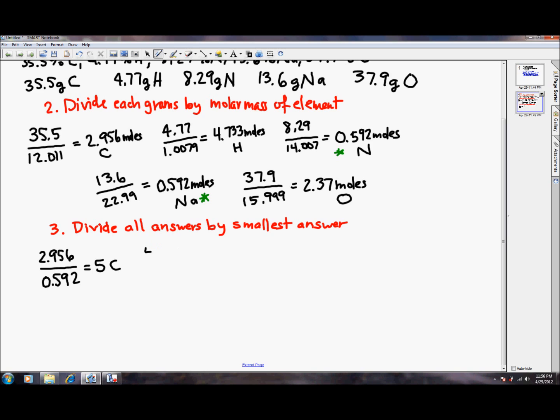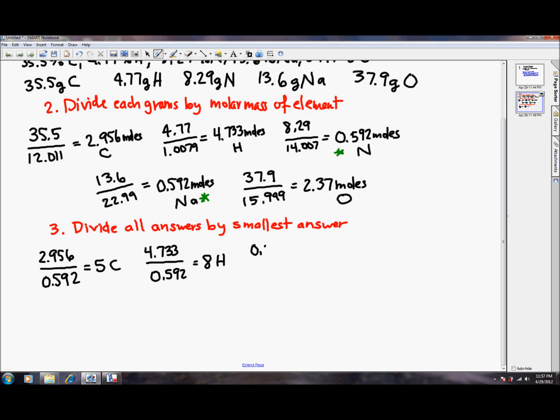Okay, and I'm going to take the 4.733. This is H now, and we're going to divide it by 0.592. And hopefully I'll be able to round that to a whole number. Okay, that's 7.99, which is basically 8 hydrogens.